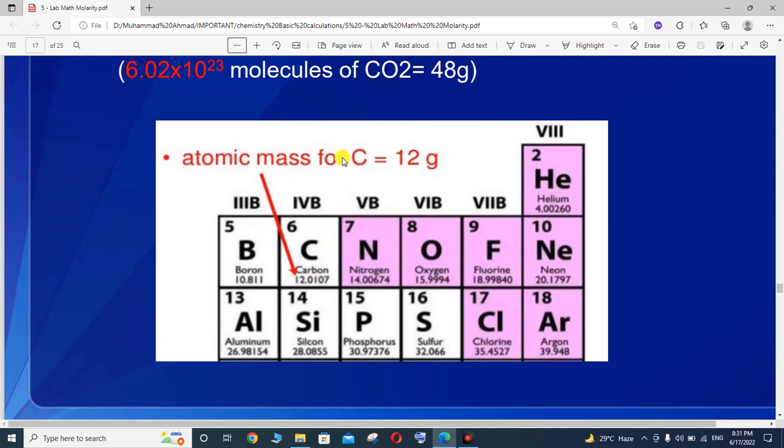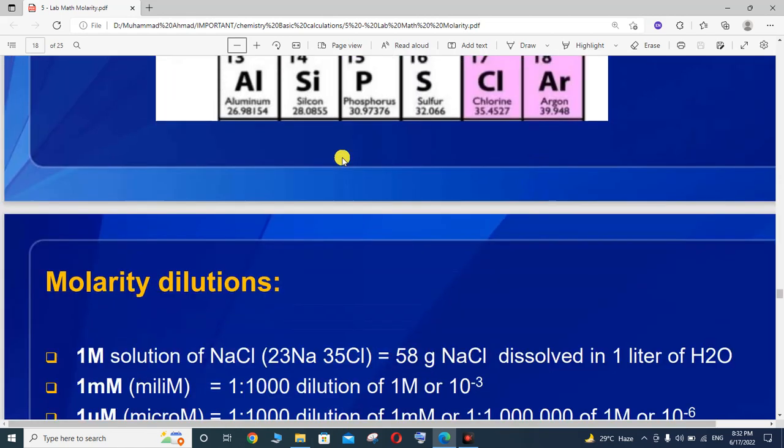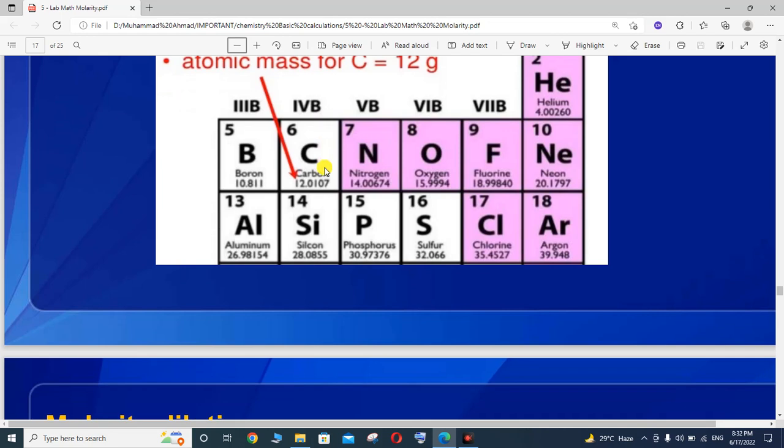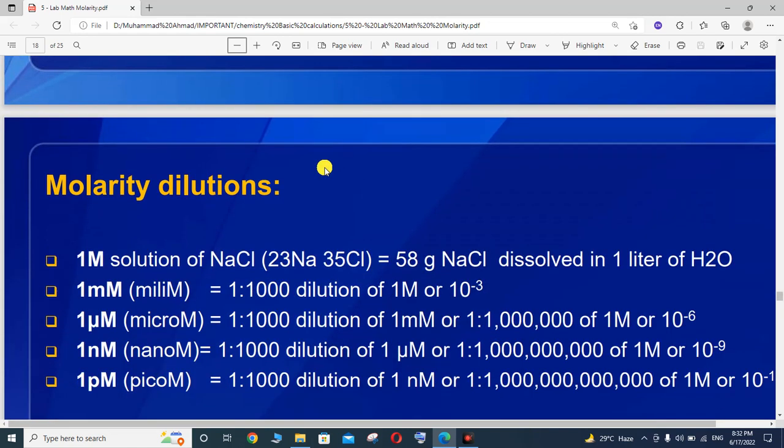You combine all these atomic masses, and it becomes the molecular mass of that particular compound. The atomic mass of carbon is 12, boron is 10.8, nitrogen is 14, oxygen is 16, while the atomic mass of fluorine is 19. So you must know the atomic mass of that particular atom.